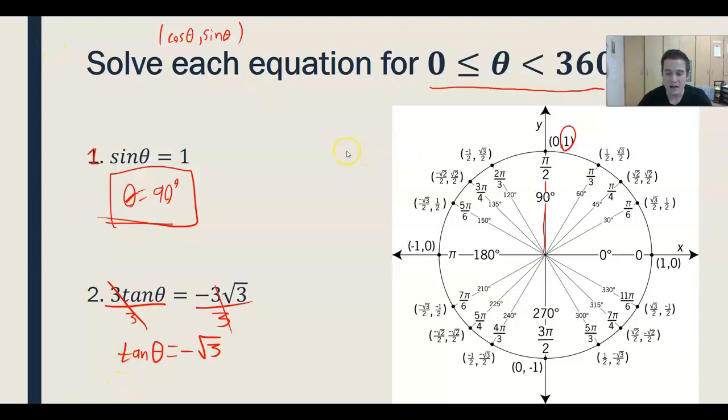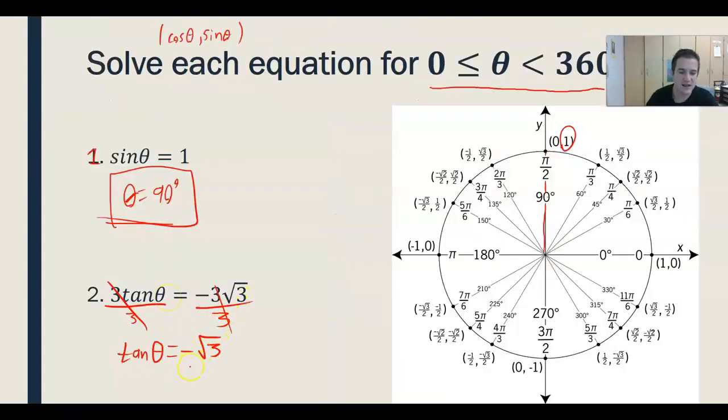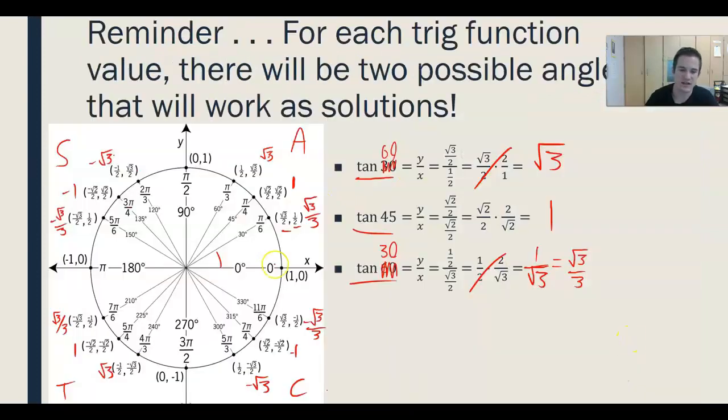Okay, well, if you remember, if we go back here, square root of 3, oh, these were supposed to be negative, I apologize. Square root of 3 as the tangent value is going to show up at each of these spots right here. So where tangent is negative square root of 3, tangent is going to be negative in the second and the fourth quadrant, as you see here. And again, I'm reflecting back to this unit circle. You don't have to do that if you have them written down.